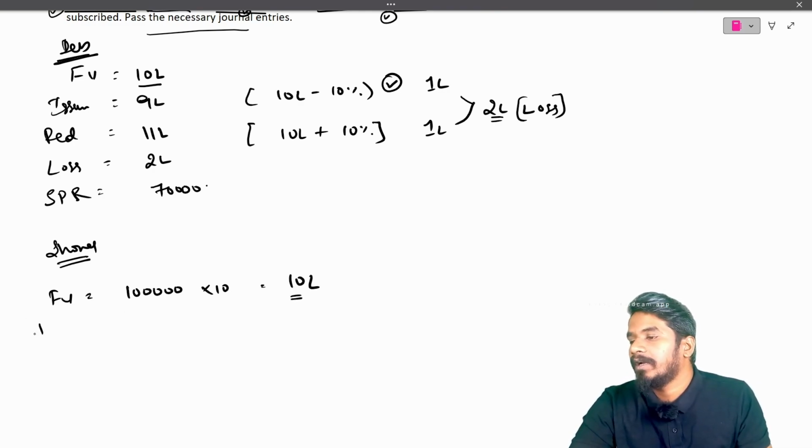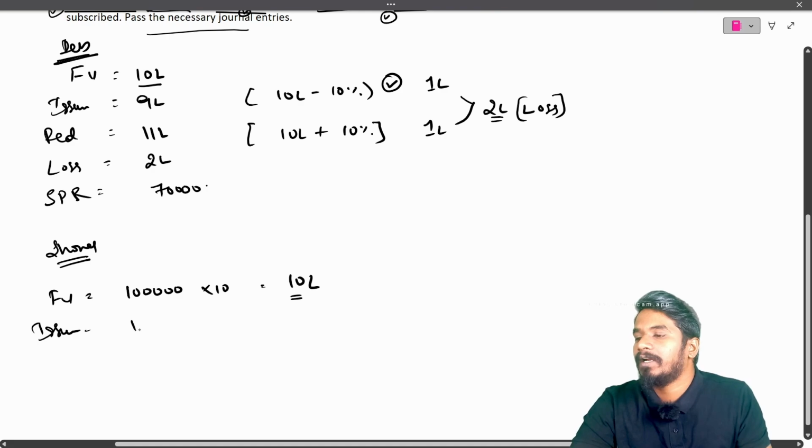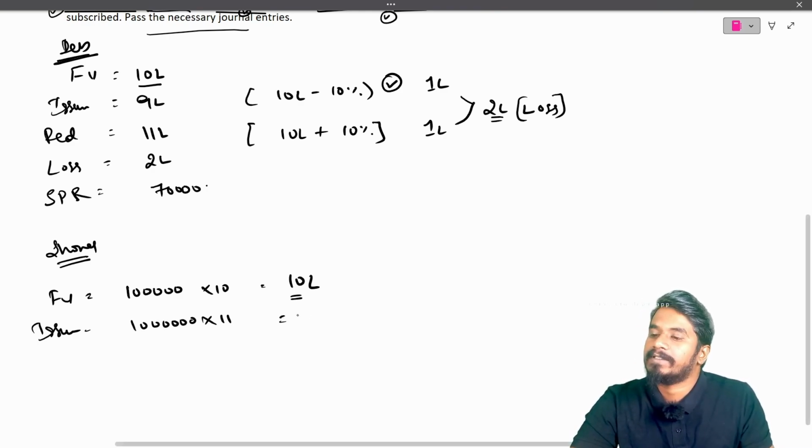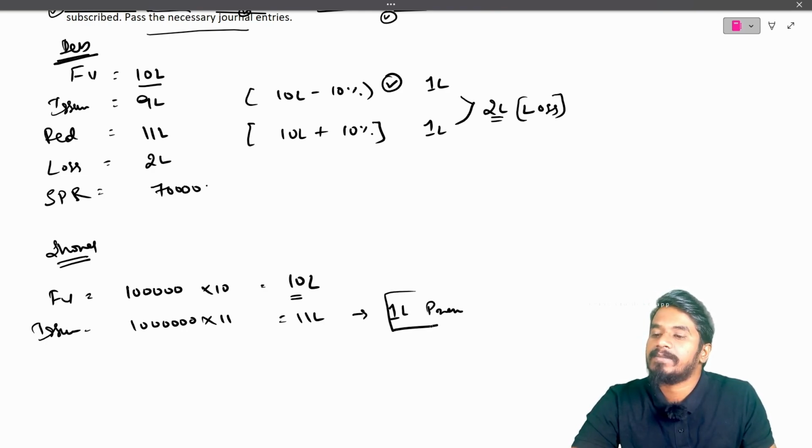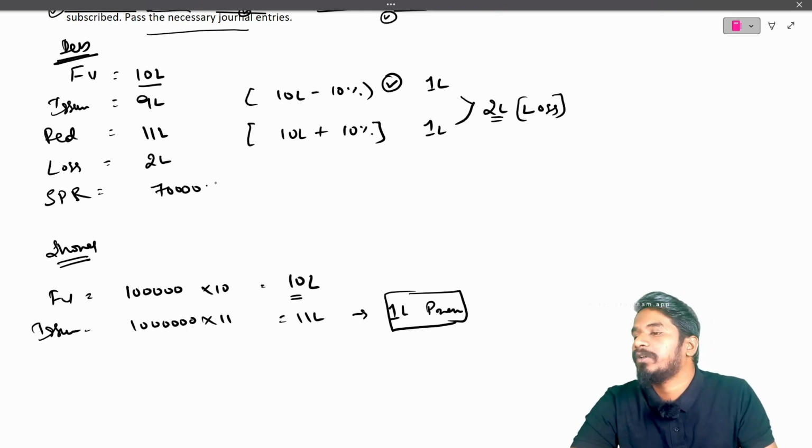And they have issued 1 lakh shares into 11 rupees, that is 11 lakh rupees. Here 1 lakh is the premium, so this premium also will get included in this securities premium reserve, correct? So 1 lakh rupees.